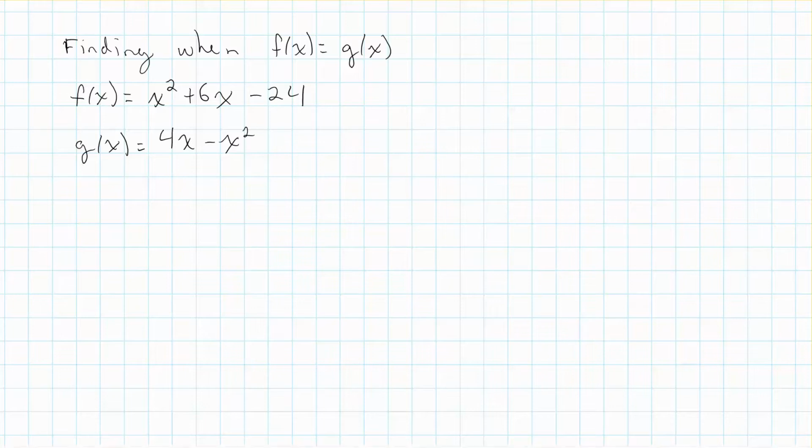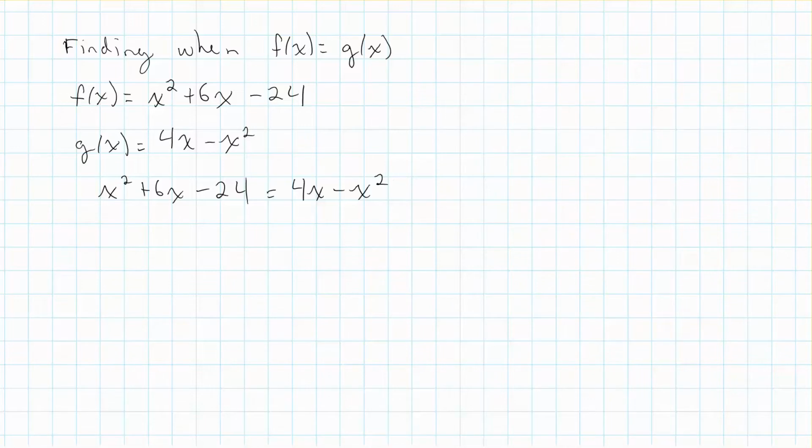So if we want to find when these are equal, well, what do you think we're going to do? We're going to set the equations equal to each other. So I want to know when is x squared plus 6x minus 24 equal to 4x minus x squared. Now, as I said, this is really something we've done before, because this is just solving a quadratic equation where we have to move everything to one side.